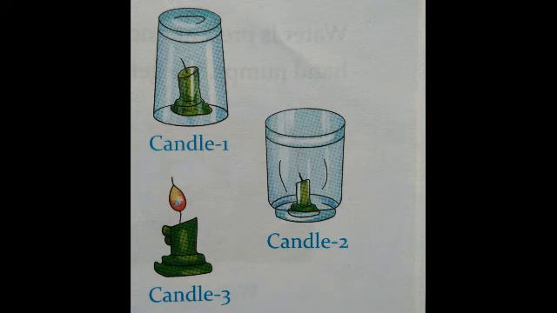And candle 3 was left uncovered. Will it stop burning? No. It has air all around it, so it will continue to burn till the wax finishes. So, this shows that air is needed for burning also.